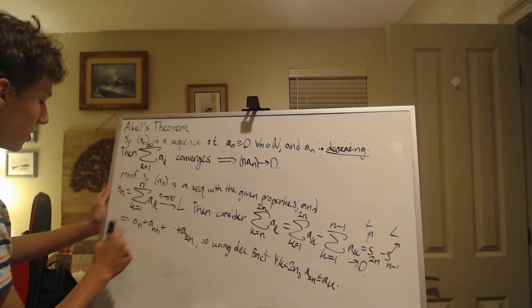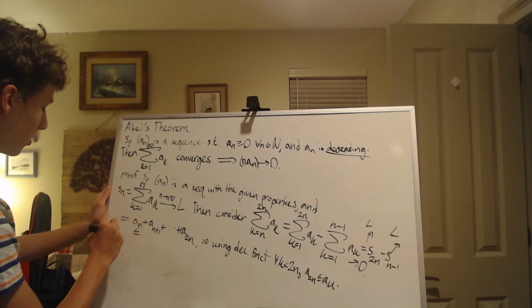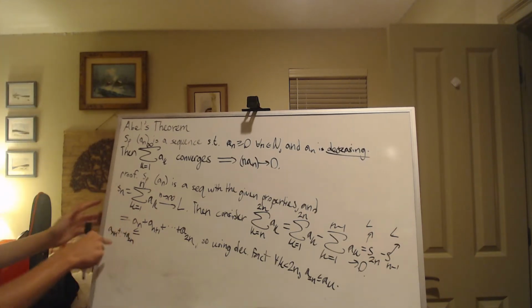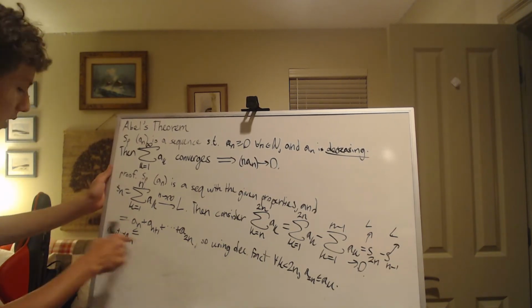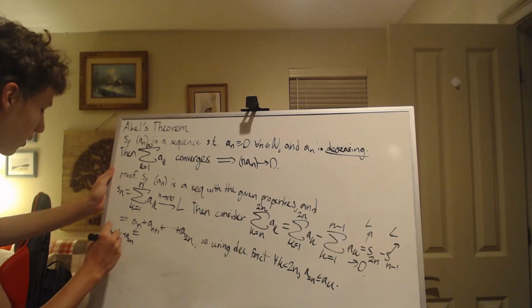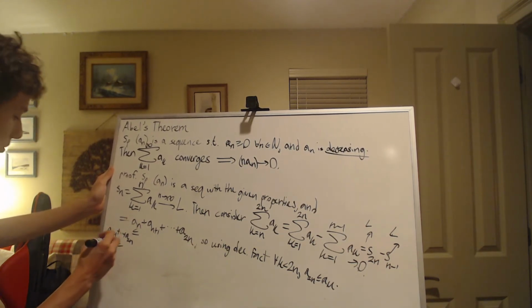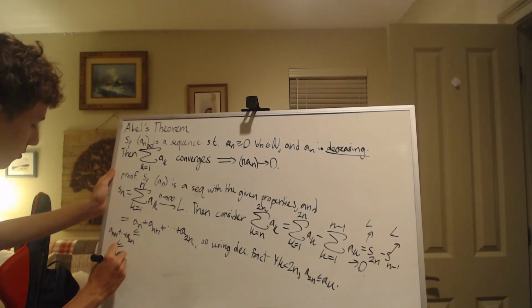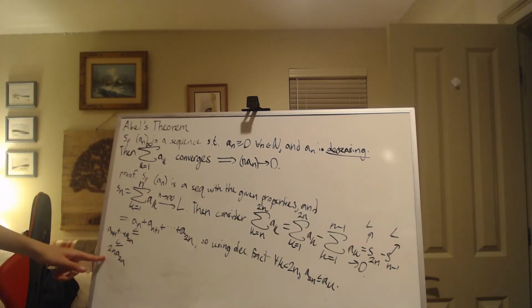This is kind of ugly. So this is greater than or equal to a sub n plus 1 plus dot dot dot plus a sub 2n. And now we have n terms, and using the same logic, this is going to be greater than or equal to 2n times a sub 2n. We're counting up 2n of these a sub 2n terms.